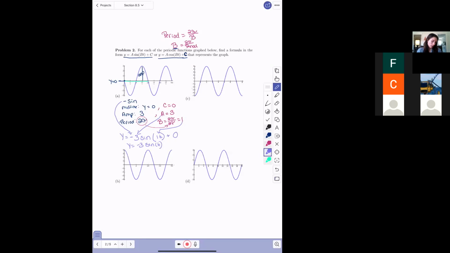Okay, moving on to graph B down here. Is this sine or cosine, and will it be positive or negative? Positive cosine, good. Any questions on that?